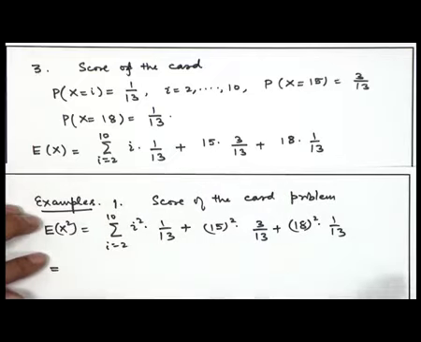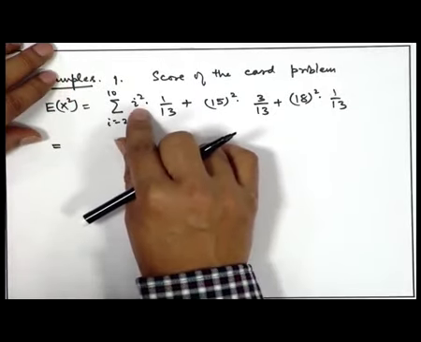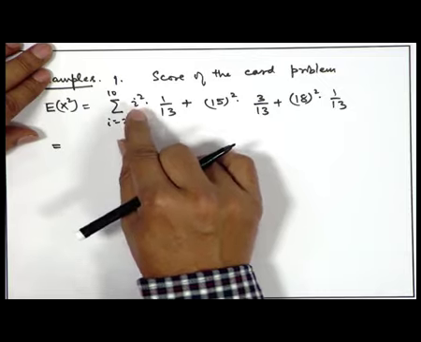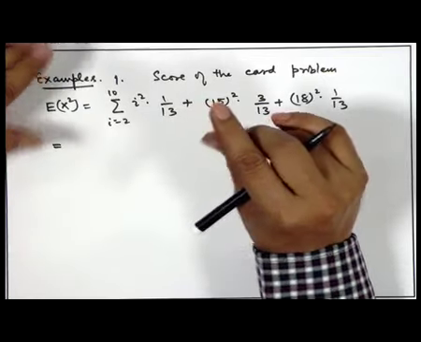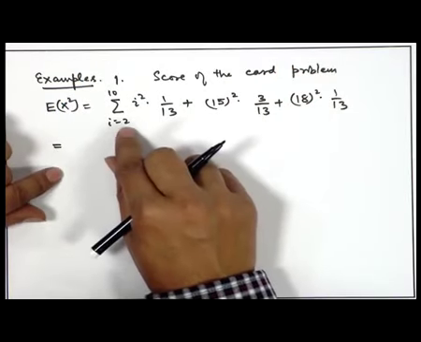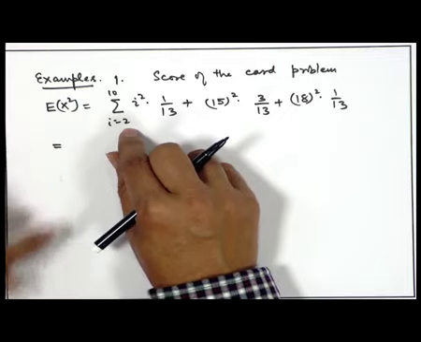Now in order to evaluate this, we apply the formula for the sum of squares of first n integers: n into n plus 1 into 2n plus 1 by 6. From that sum, the first term is removed, because here it is from 2 to 10, so i equal to 1 is not there.